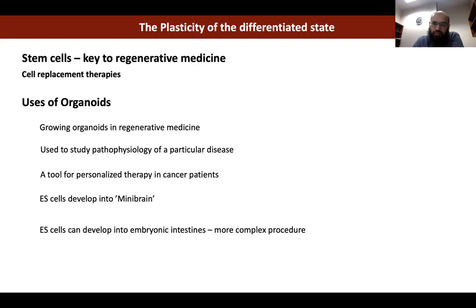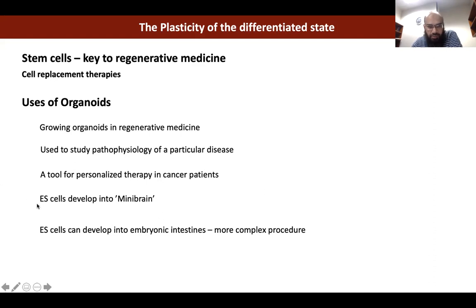So it's a very nice way of testing different drugs. Of course, it takes some time to grow these organoids and then to test different drugs, but there is a way to do this.